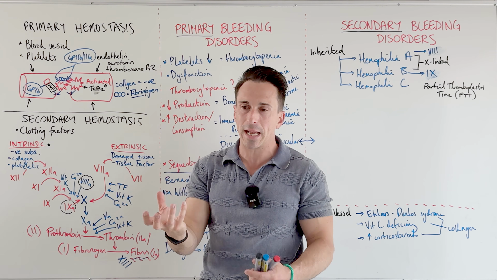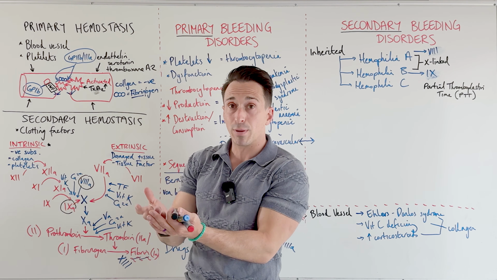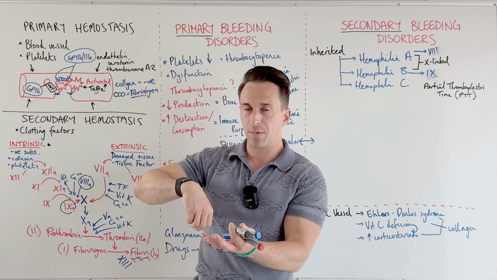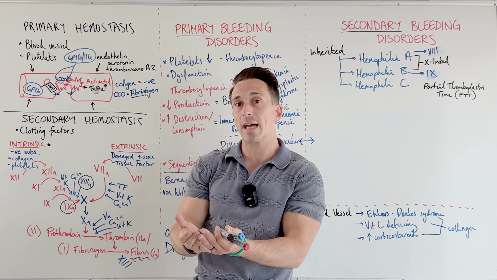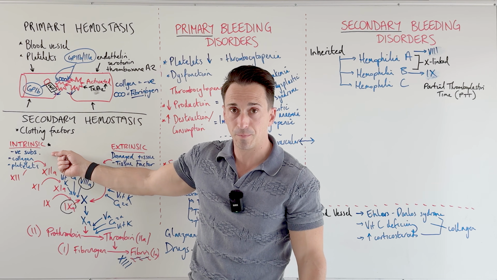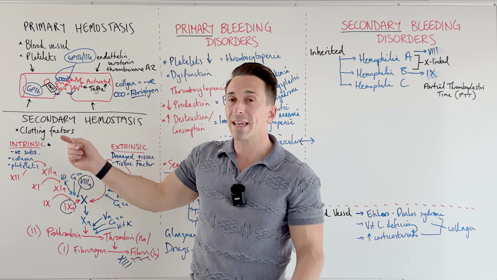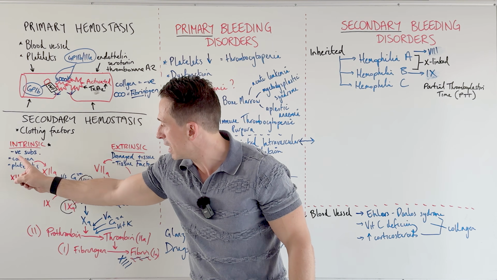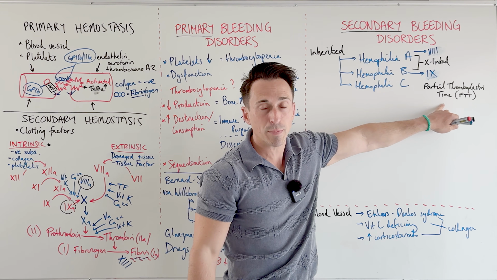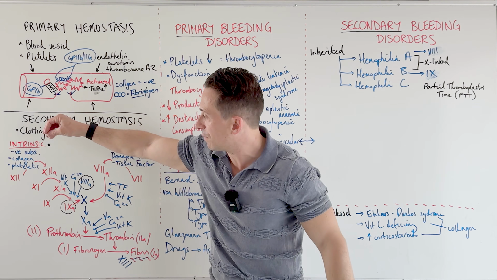Take their blood, get the plasma, and in that plasma, because plasma is where all the clotting proteins are, you drop in a negatively charged substance, and then you count how long it takes for it to clot. If it takes a long period of time to clot, it tells you it's an intrinsic pathway issue. And that is measured by partial thromboplastin time. That's dropping the negative thing in.